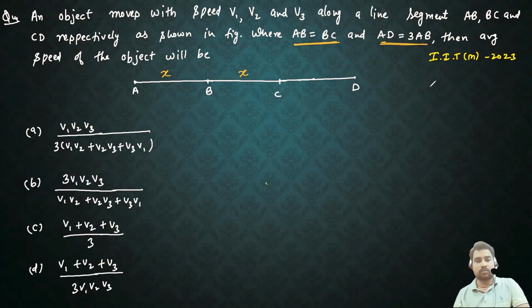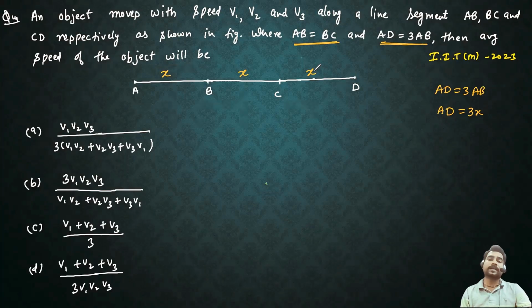So AB is x, AD is 3 times AB, and I already supposed AB as x, so AD must be 3x. By this method, I am sure the length of CD would be x. So this time the distance is the same, and speed is v1, v2 and v3.